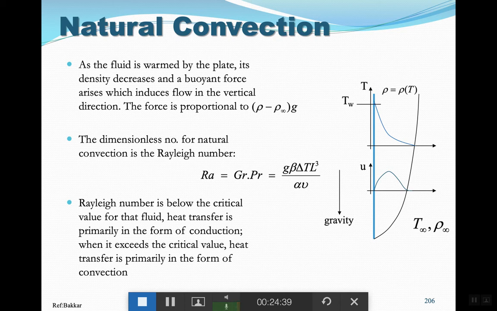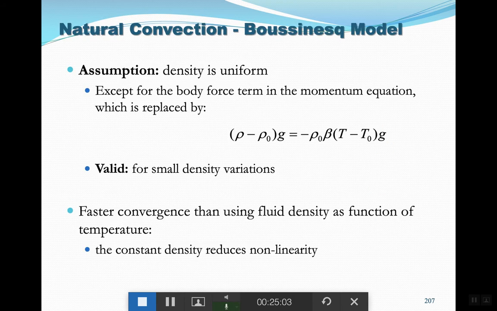It depends on many things: the different fluids that you have, the temperature ranges, the type of convection, the type of phenomena that happens in the flow, and so on and so forth. So it is something that has to be discussed case by case.